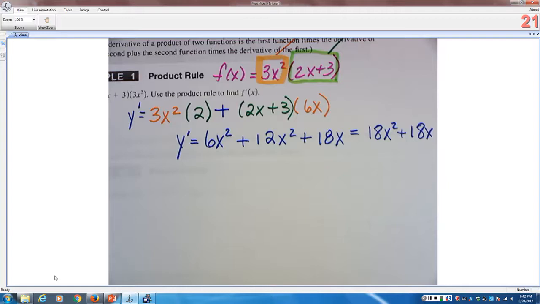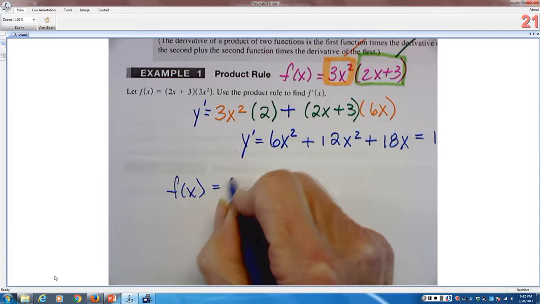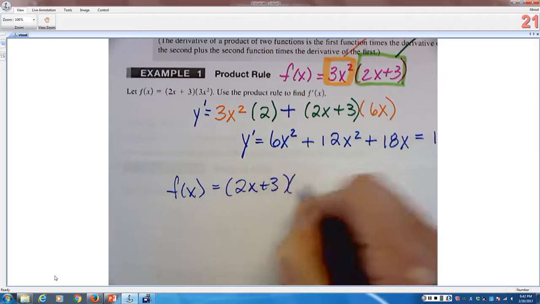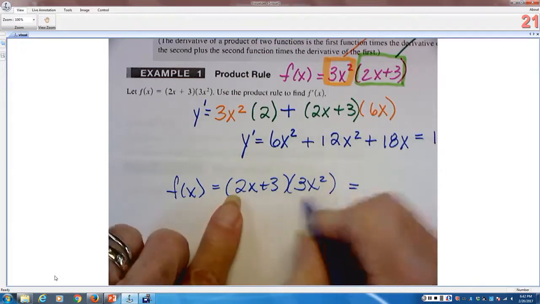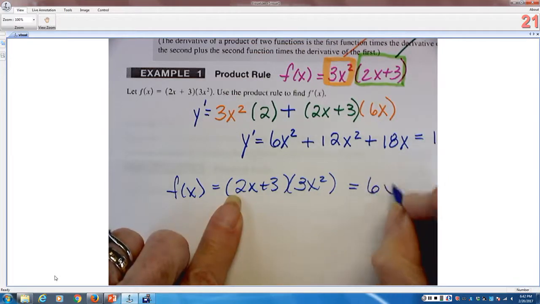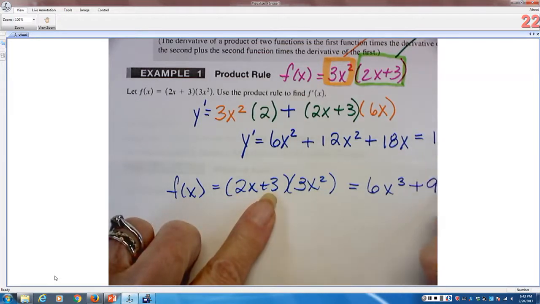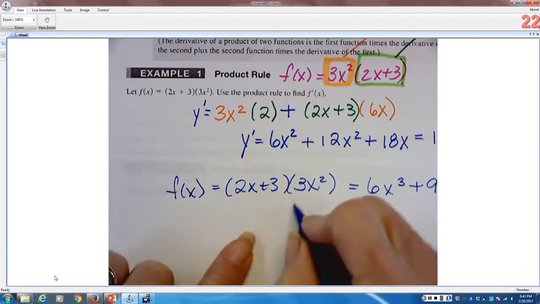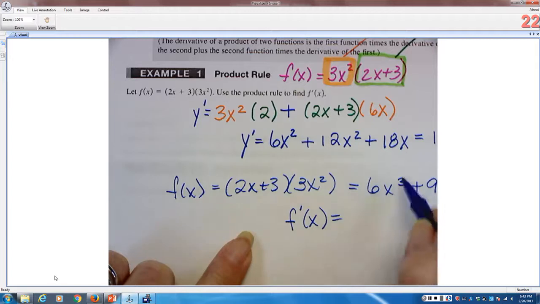If I took f of x to start with, which was 2x plus 3 times 3x squared, and I went ahead and multiplied that out, 2x times 3x squared is 6x cubed, and 3 times 3x squared is 9x squared, and I took the derivative of this: 3 times 6 is 18, x to the 3 minus 1 is 2, and 9 times 2 is 18.